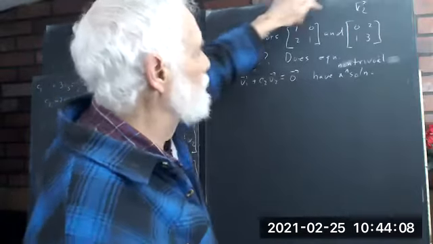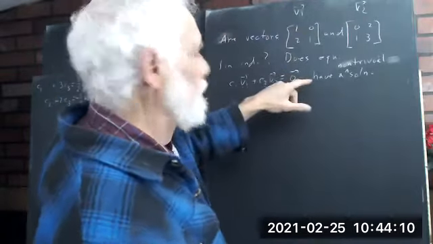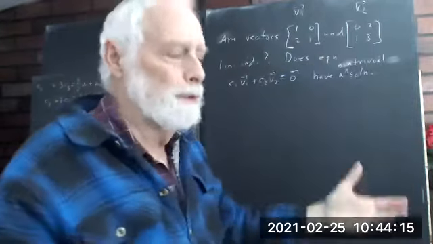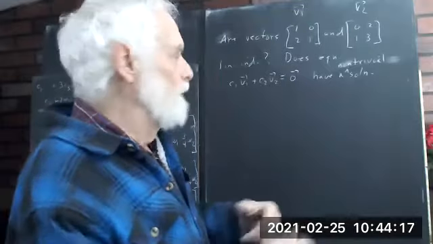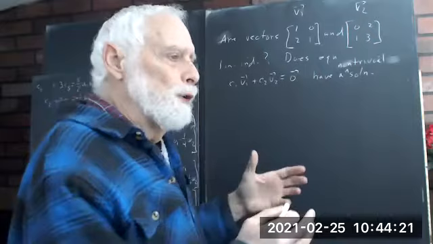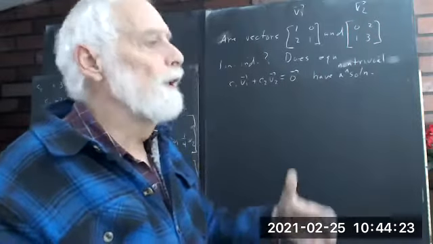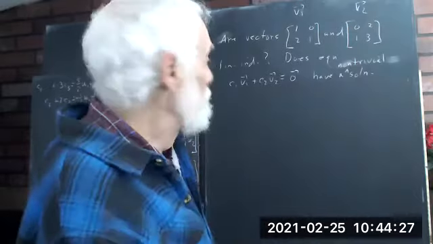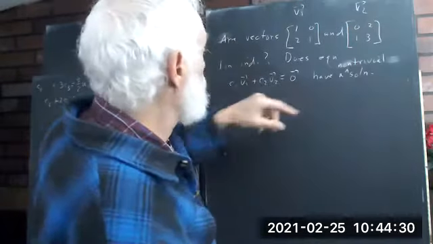Question: are these vectors V1 and V2 linearly independent? Now, these don't look like vectors, they look like matrices, but remember, the set of all 2 by 2 real valued matrices does form a vector space, as you verified in the previous section. So are these vectors linearly independent?